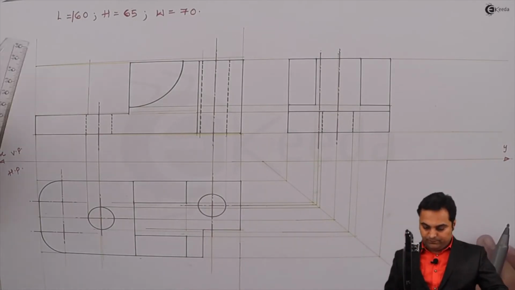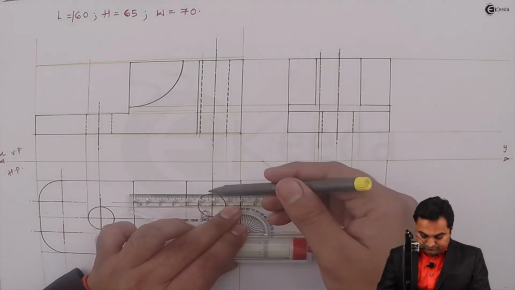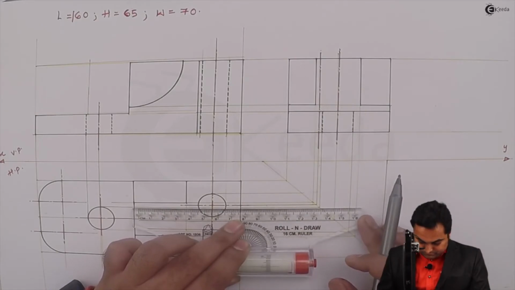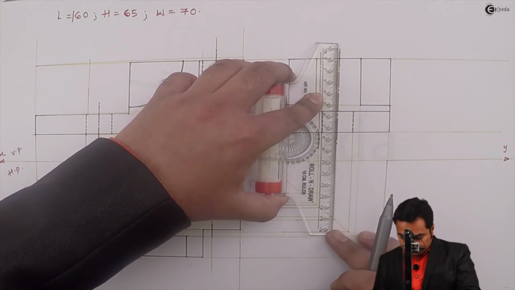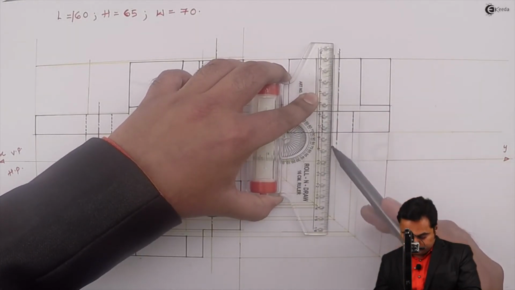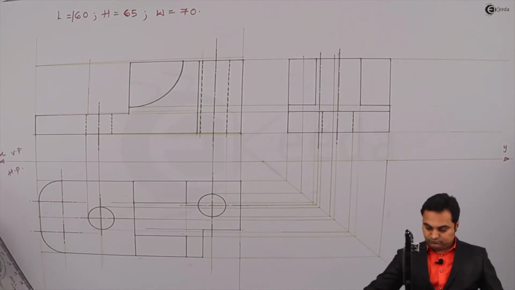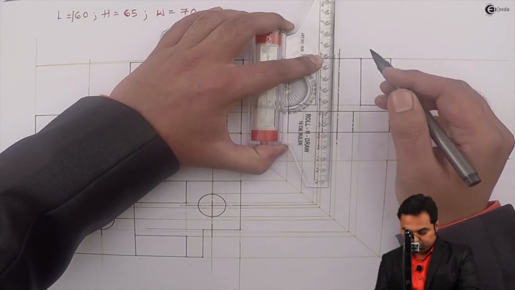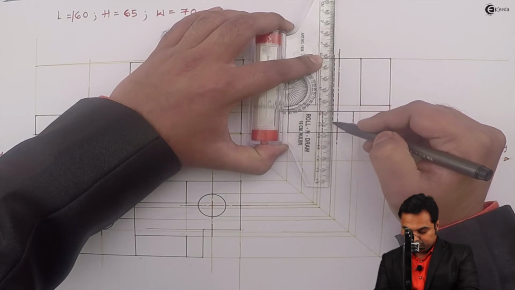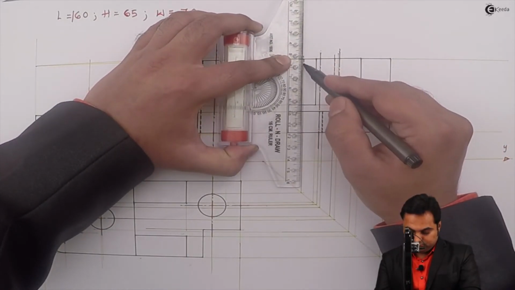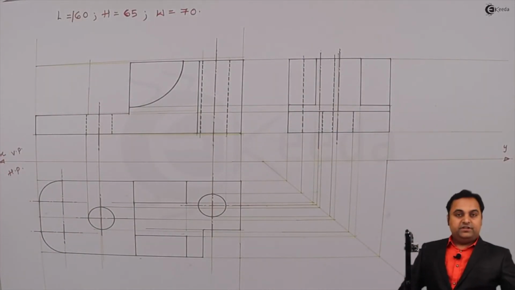It is there in the top view, so I'll be projecting that diameter. So this is the hidden circle.